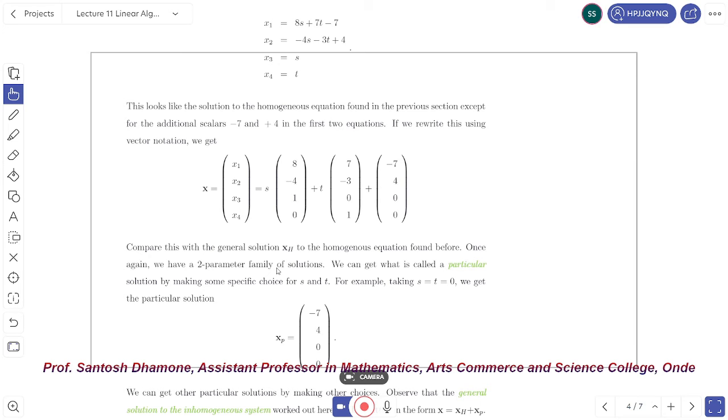Theorem. Let xp and yp be two solutions to Ax equal to y. This is a non-homogeneous system of linear equations.